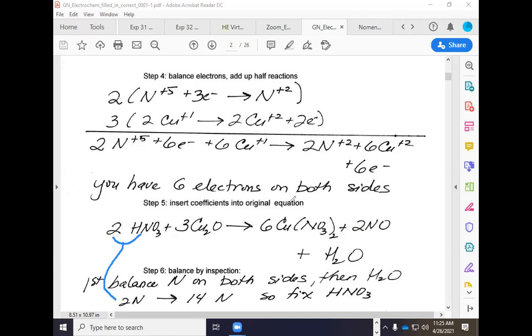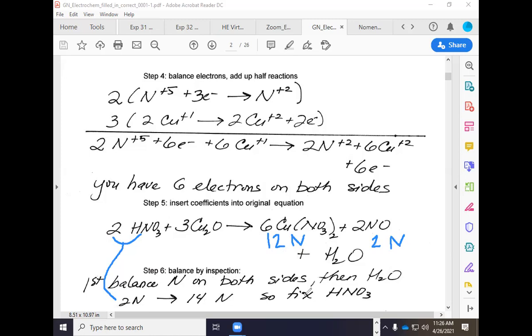But we've got nitrogens from here and nitrogens from here. We've got 2 times 6. So you've got 12 nitrogens here, because there's a parentheses here. We have 2 nitrogens here. That's how we get the 12 plus 2, so that gives us the 14.